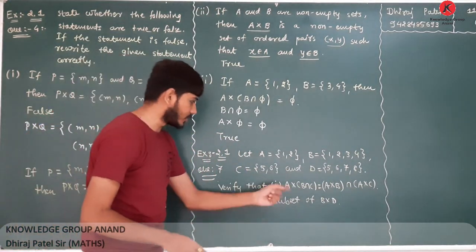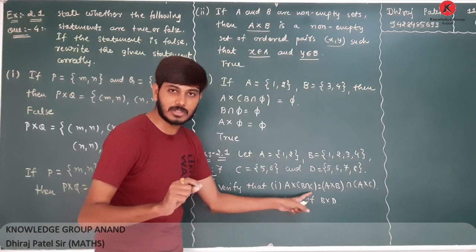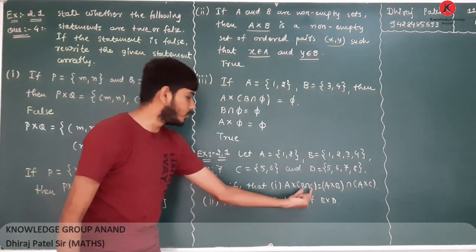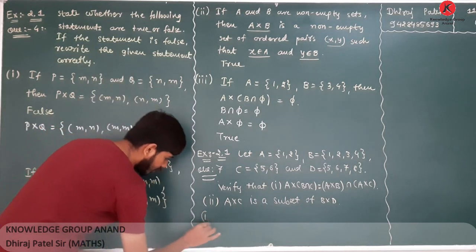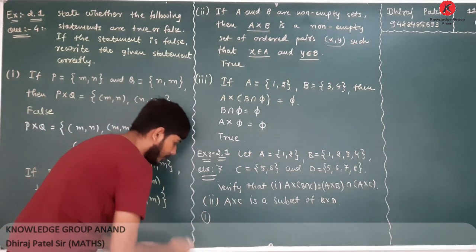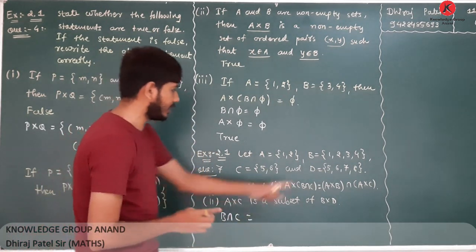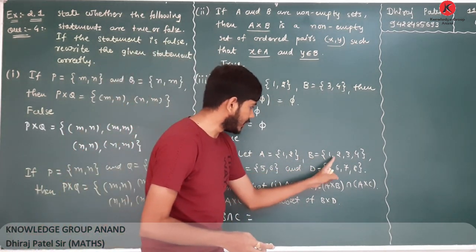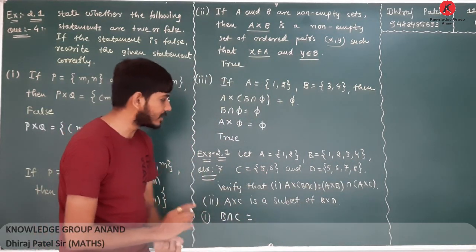Now for the first verification we have to find A cross B intersection C first. Therefore we need B intersection C first. What is B intersection C? See here, set B equals 1, 2, 3, 4, set C equals 5 and 6.